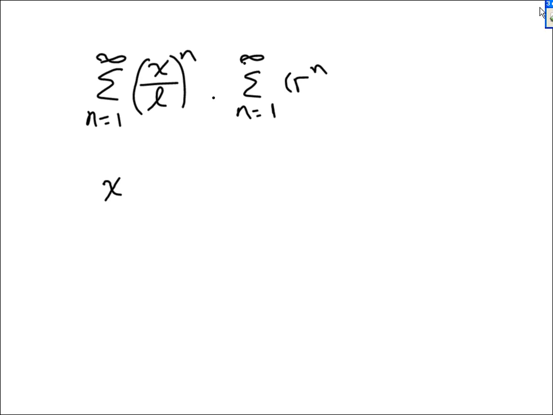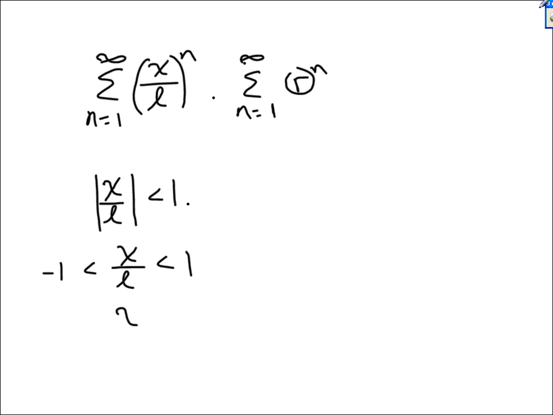It converges if the absolute value of r is less than 1. That means x over L is in between -1 and 1. Multiply both sides by L. We'll assume L is positive.